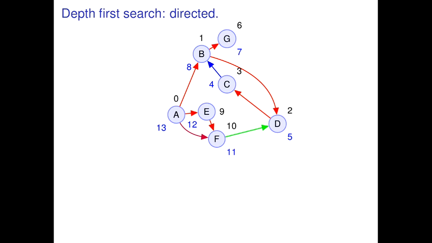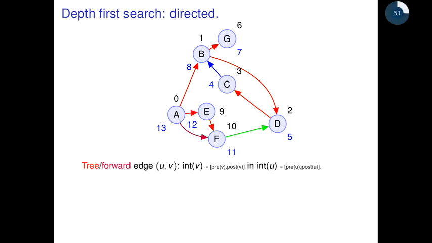Pre. What are the blue numbers? Post. So what's the last vertex that's popped off the stack? What's the first vertex that's popped off the stack? C. This is harder, right? It doesn't really tell you much, the first vertex that's popped off the stack. But the last one seems to have some information in it.